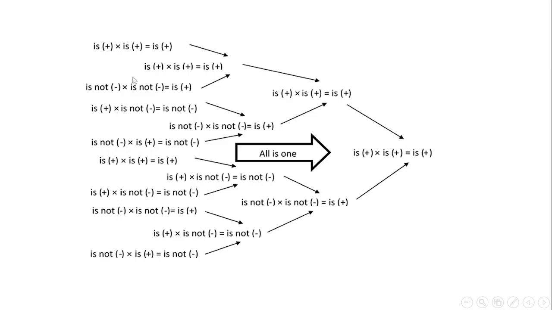But when you say it is not the case that he is yellow, this is not multiplied by that is made a negative conclusion, which is not yellow. And if we follow all of these possible and meaningful relations, they will ultimately lead to one positivity or being or isness, which means all is one.